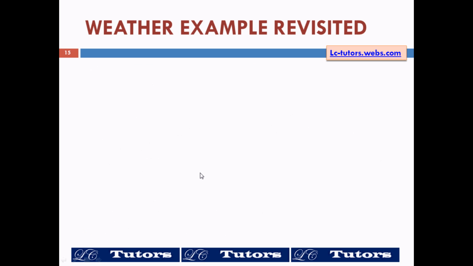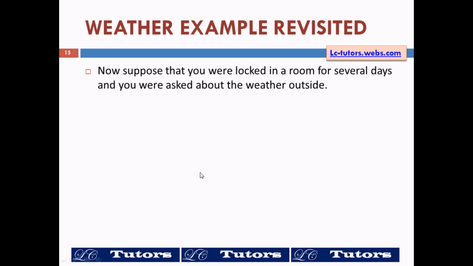Okay, let's now revisit the weather problem. Now suppose that you were locked in a room for several days and you were asked about the weather outside, which is similar to the coin tossing problem. In the coin tossing problem, we didn't know what was behind the curtain, so all we know is the observation.